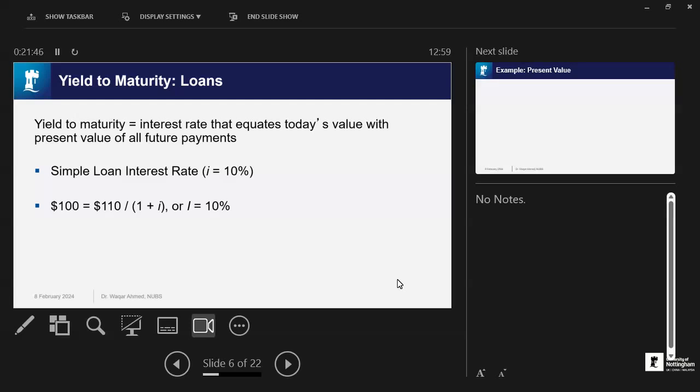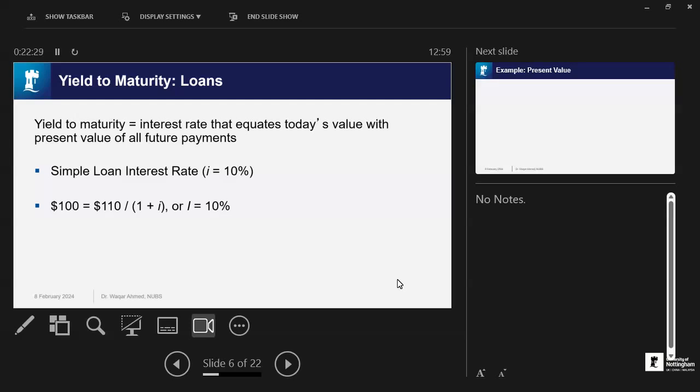So again, if we work with the same example, we have a simple loan that requires an interest rate of 10%, right? So if that pays 110 in year 1, and the price today is 100, you have to work out I. The I that would make this 110 in year 1 equal to 100 today is your required rate of return or your yield to maturity, right?